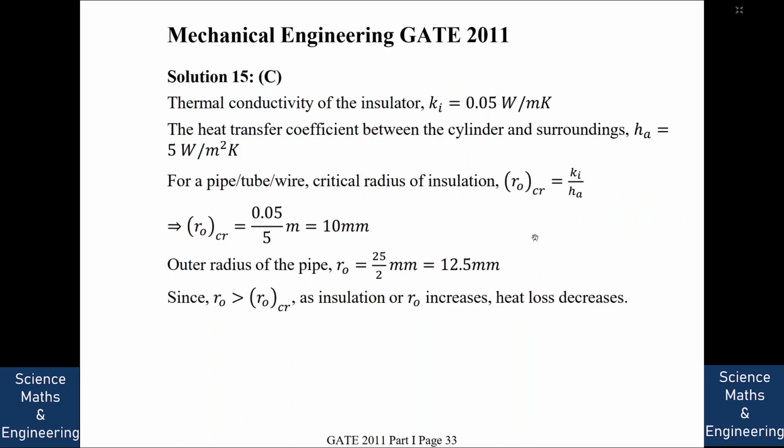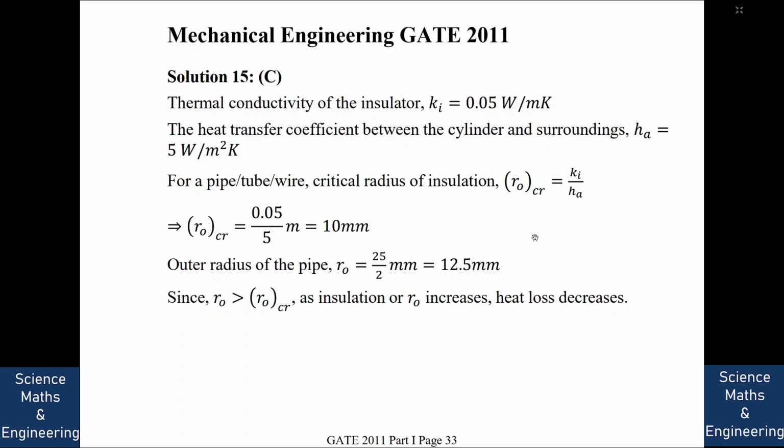Now we have thermal conductivity of the insulator, k_i, is 0.05 watt per meter Kelvin. Heat transfer coefficient we already know, 5 watt per meter square Kelvin. So for a pipe or tube or wire, critical radius of insulation r_o critical is equal to k_i by h_o, which is equal to 0.05 divided by 5 in meter, which is equal to 10 millimeter.